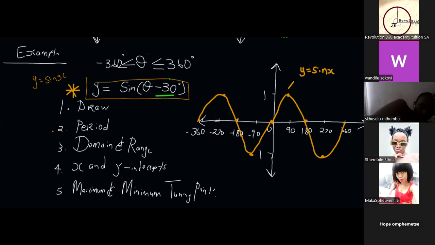I should plot it accurately. It's just that now it's going to be a bit challenging because I don't have a drawing paper or a graph paper. So I'm just going to try my level best to help you with regards to that. Then it passes there. Then this one, half of that, somewhere there. Then this one is somewhere there.